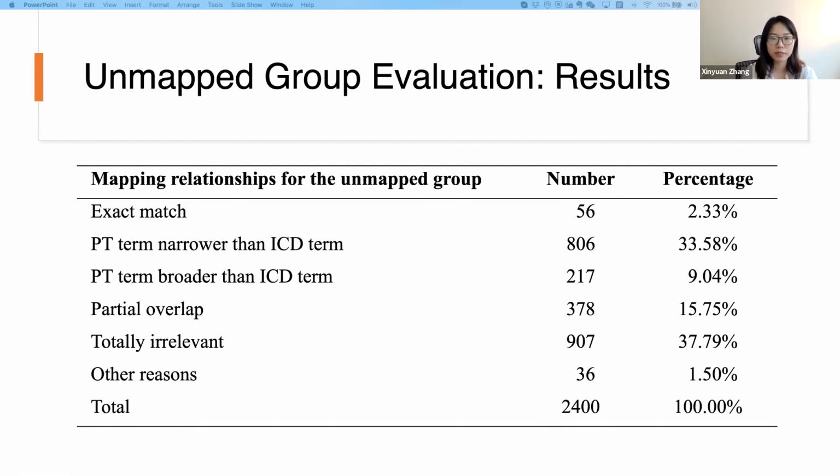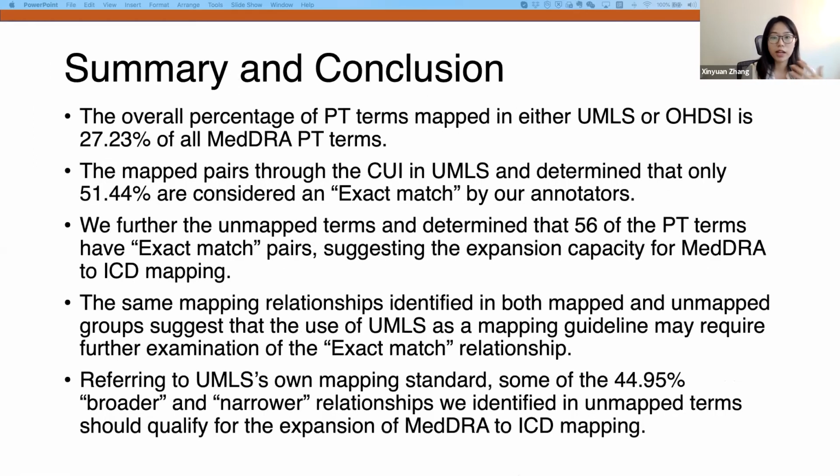So just to briefly summarize and give a conclusion. First, the data show that the overall percentage of PD coverage in both UMLS and OHDSI is 27%. And the map pairs through the QEID mapping in UMLS determined that only 51% are considered exact match by our annotators.